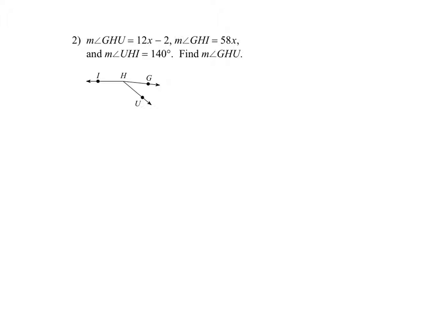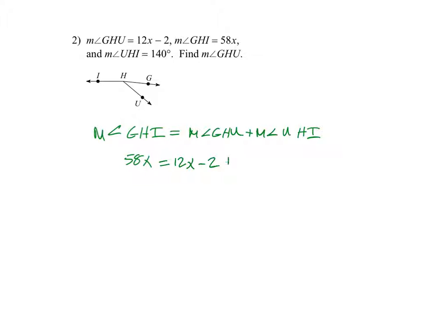Okay, on the second one again, the measure of angle GHI, a big one, equals the measure of angle GHU plus the measure of angle UHI. Let's find the information. I have GHI equals 58x, and GHU equals 12x minus 2, plus 140. I'm solving that equation. So 58x equals 12x plus 138.